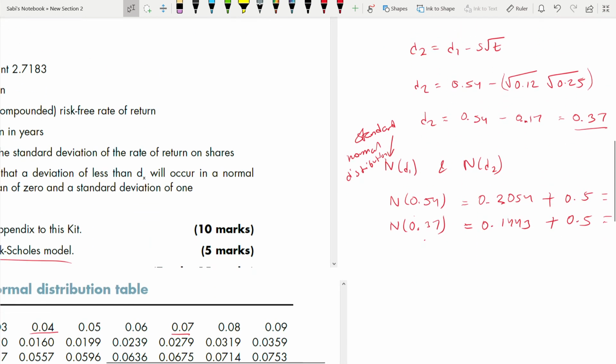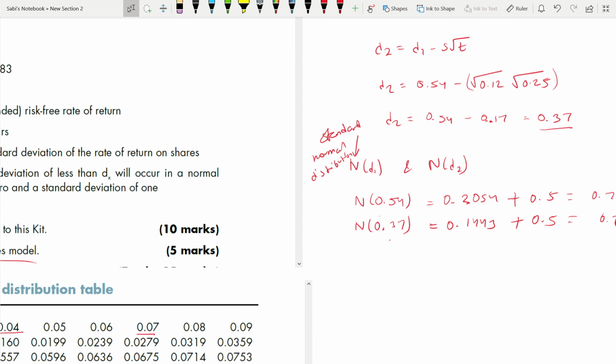So using that formula, your call option will be equal to your share price multiplied by your ND1, which now we have got as 0.7054, minus your exercise price.